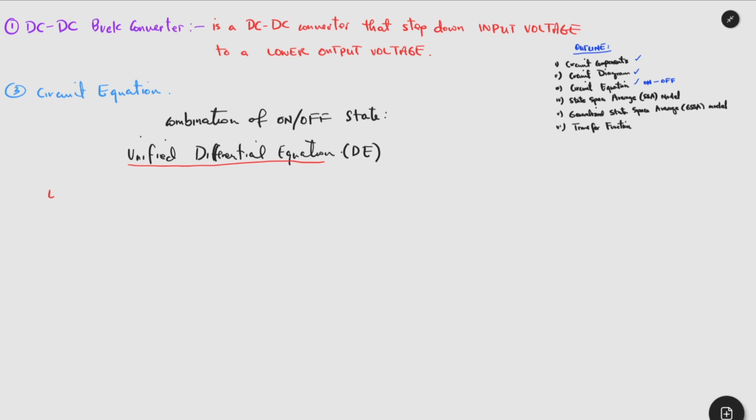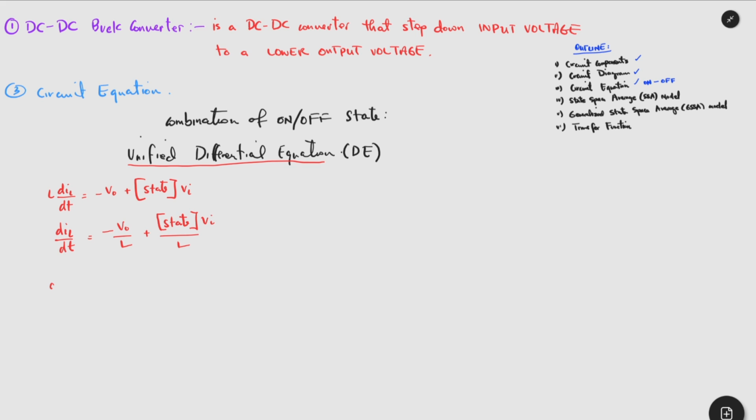Therefore, we should now have L dIL on dt equals minus V naught plus the state times V in. Now we have dIL on dt equals minus V naught on L plus the state times Vi on L.